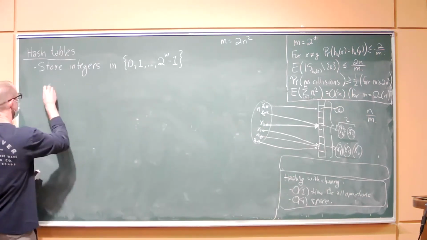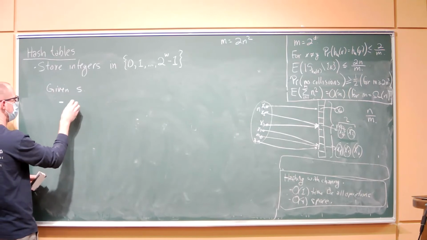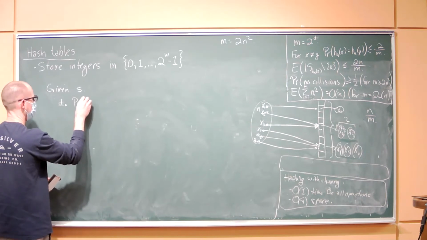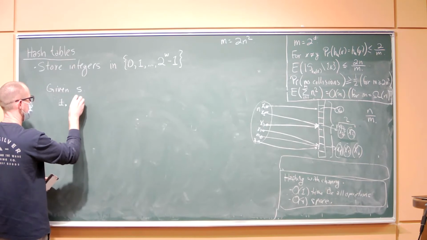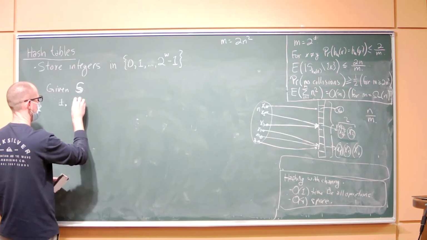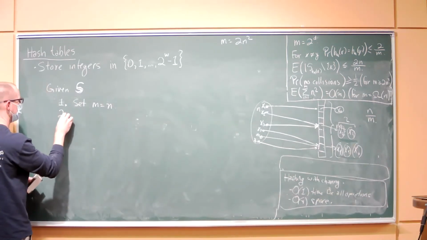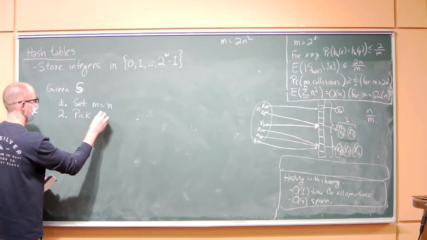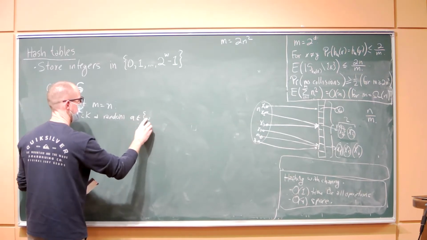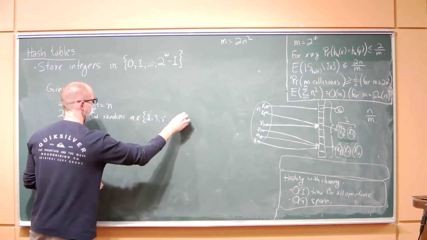So this is given S. First thing you do, let's call that step 1, you pick, well, let's say we take M proportional to n, and pick a random A, one of those odd numbers up to 2 to the w minus 1.